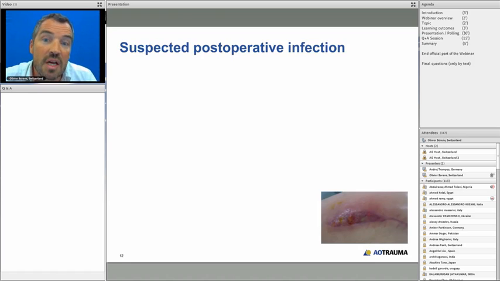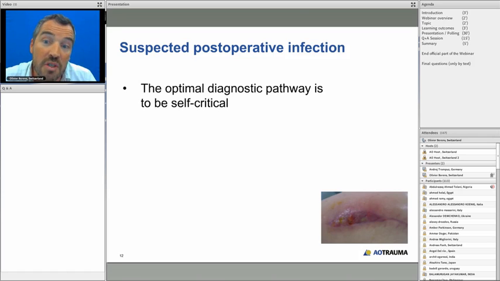So if there's a suspected postoperative infection, one of the most important rules is to be self-critical. Infections do happen. It happens to everybody, and we have to be self-critical. We should not hide from reality. The more we operate, the more infections we are going to have.